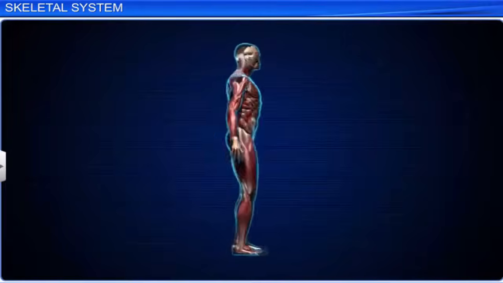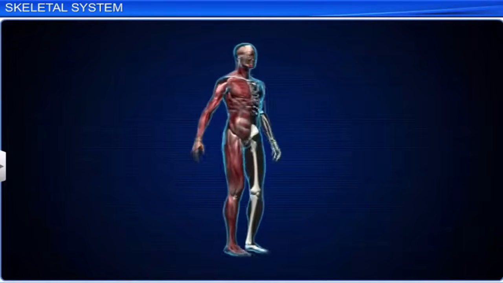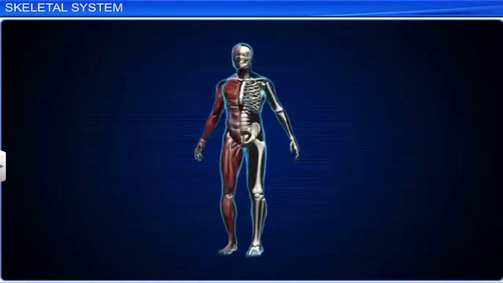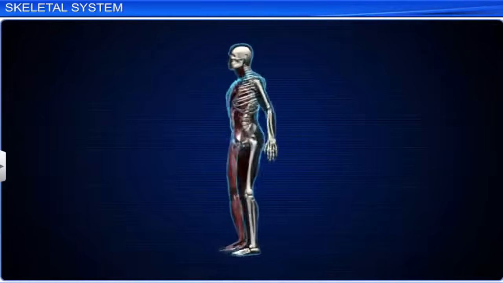In this way, the skeletal and muscular systems function in a perfectly coordinated manner. However, over a period of time, these systems may begin to show wear and tear or exhibit some disorders.